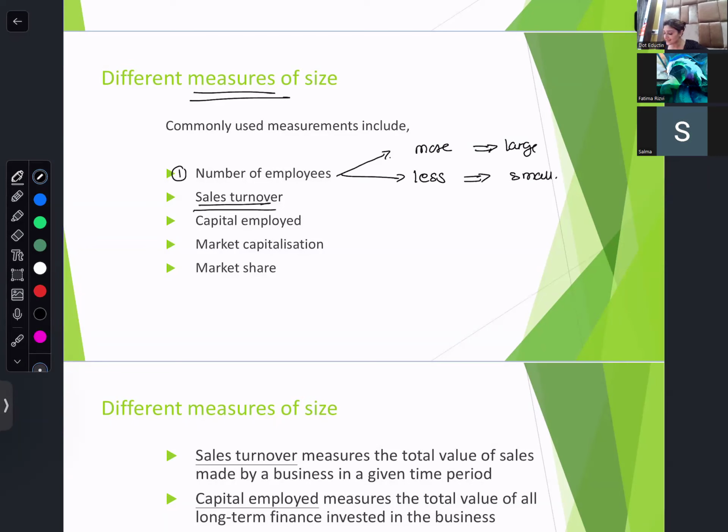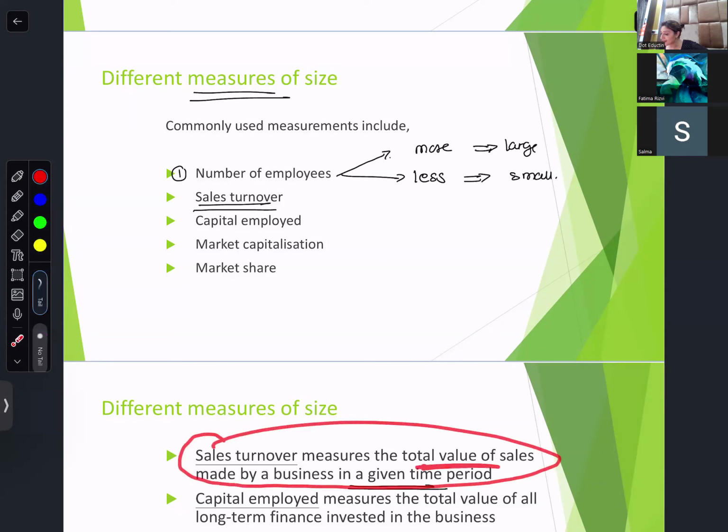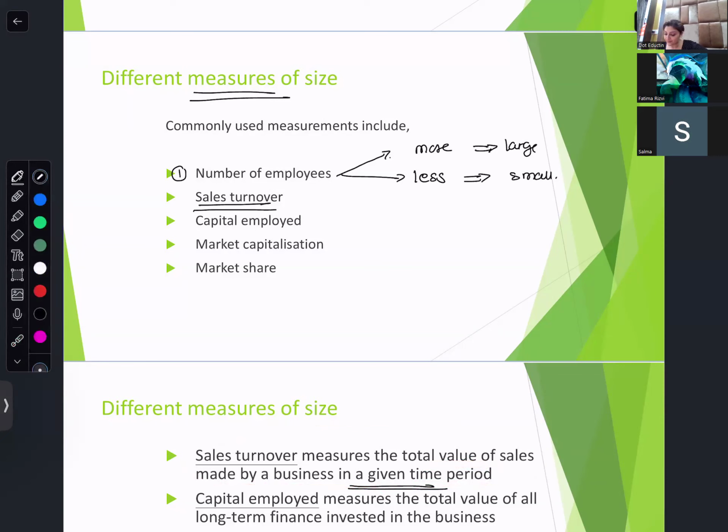What do you mean by sales turnover? How much revenue your business makes in a given time period. So when I'm talking about sales turnover, it measures the total value of sales in a given time period. Okay.